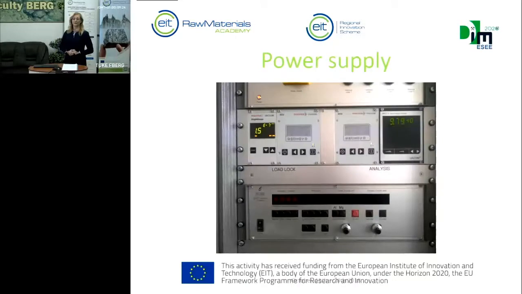Then we have the power supply. With this power supply we are able to set the conditions for measurements, the current and the value of voltage, and we are able to check the pressure in the ambient.